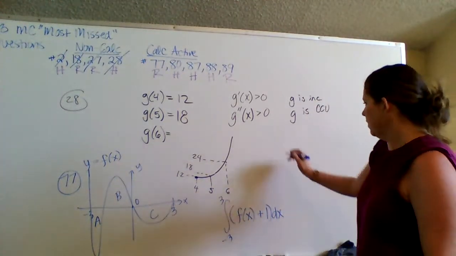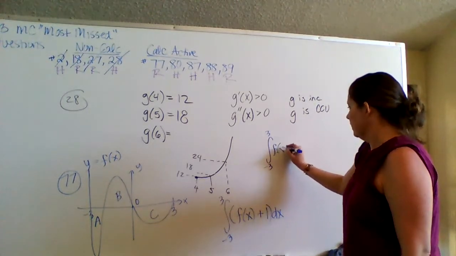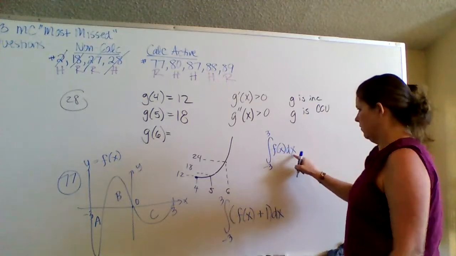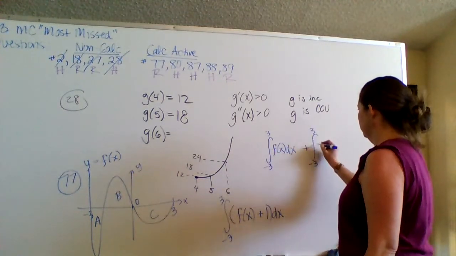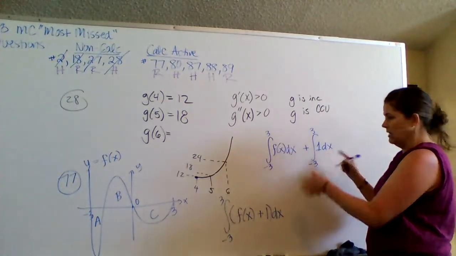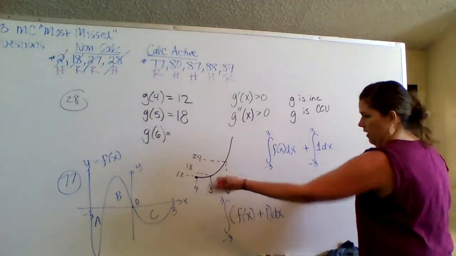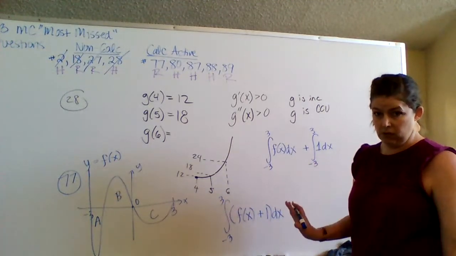So if I break this apart, it's the definite integral from -3 to 3 of f of x with respect to x, plus the definite integral from -3 to 3 of 1 with respect to x. Now I can do each part, because this is the graph of f of x. This is not the only way to do the problem, but it's the most efficient way.